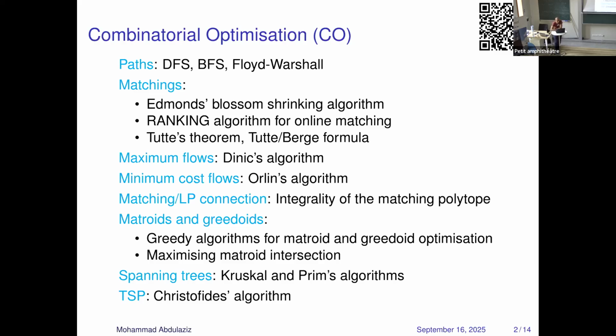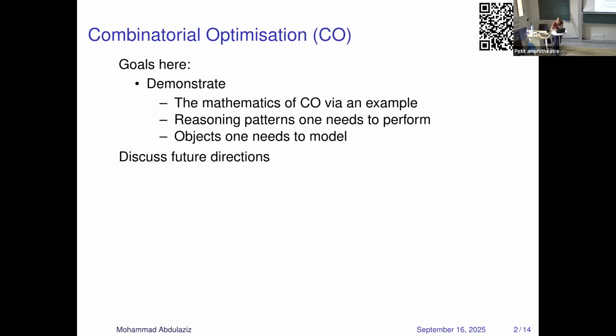You have flows, maximum flows, and minimum cost flows, and connections between matchings and linear programming. And you also have algorithms for optimizing matroids, which some people see as a generalization of matrices, but in the case of combinatorial optimization, it's better to see it as a generalization of graphs. And we have algorithms for spanning trees and the traveling salesperson problem.